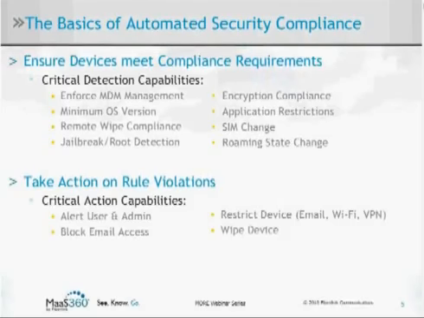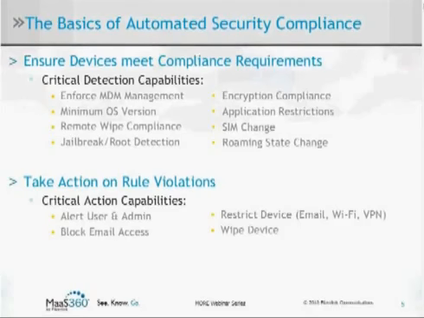Device encryption and wipe support, very important in terms of identifying those devices that may be in your environment that don't support encryption or don't support remote wiping of the device. Another important piece is jailbreak and root detection. So the ability to detect whether or not an iOS device is jailbroken or an Android device is rooted, which has its own set of really policy concerns, security concerns.